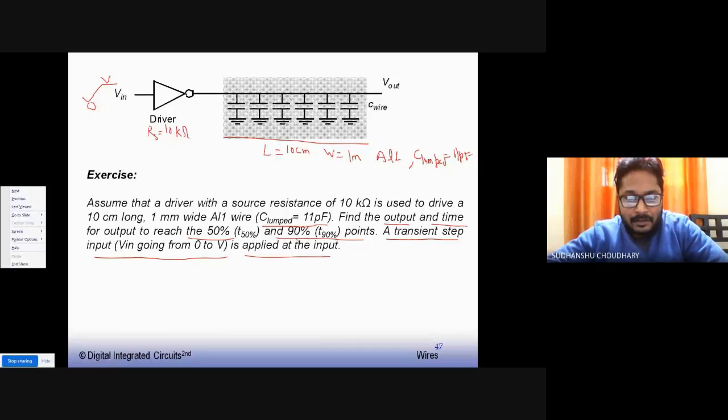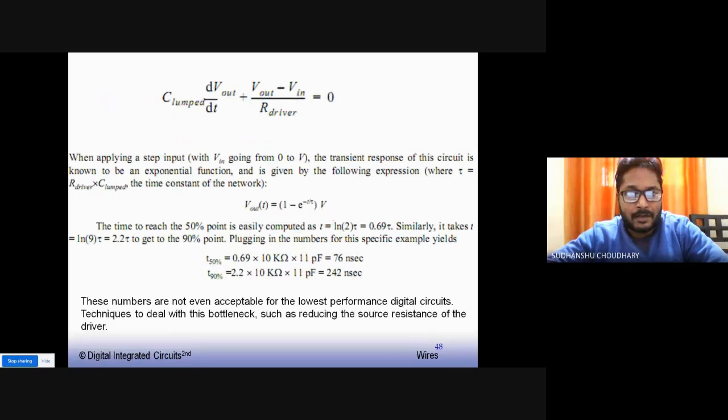Earlier we calculated TPHL and TPLH, and then we calculated the 50% propagation delay and 90% propagation delay. So the same we have to calculate here. Okay. So how will we calculate this? So let us try to calculate.